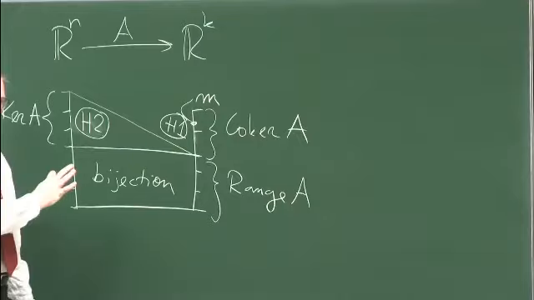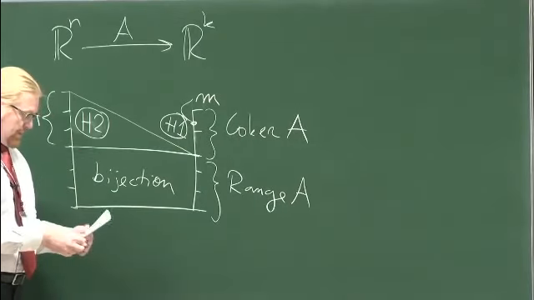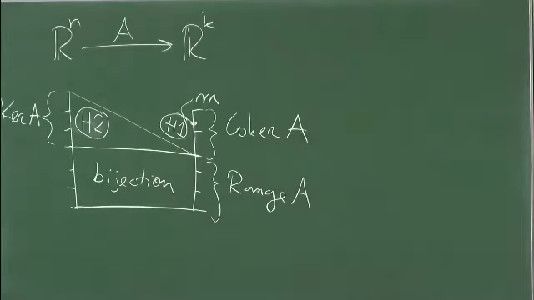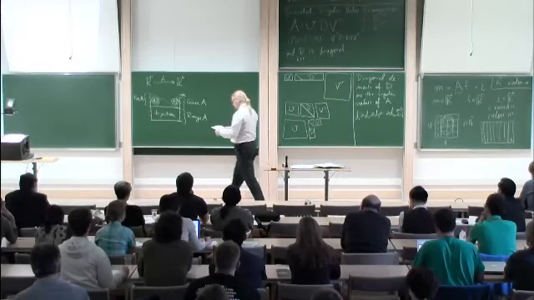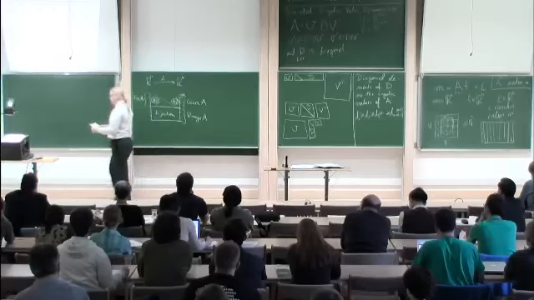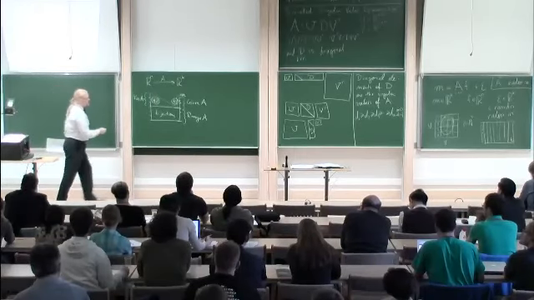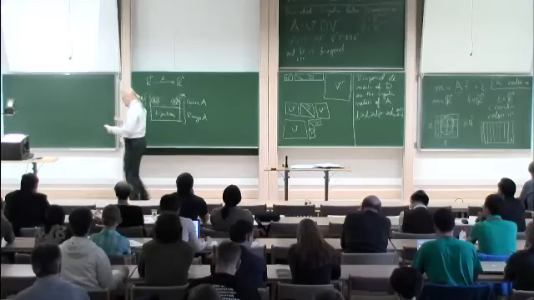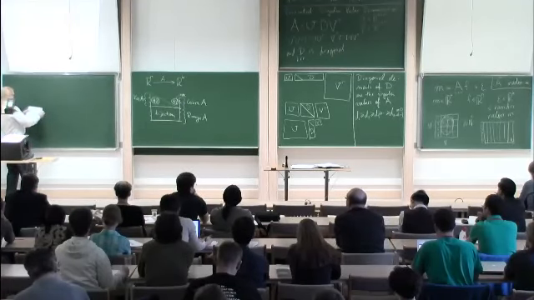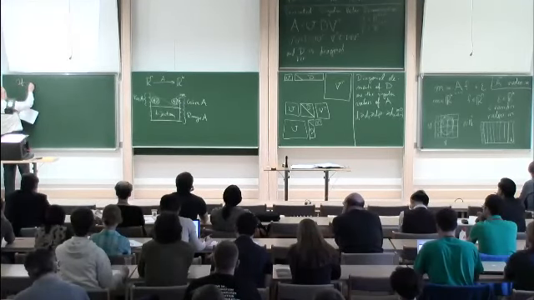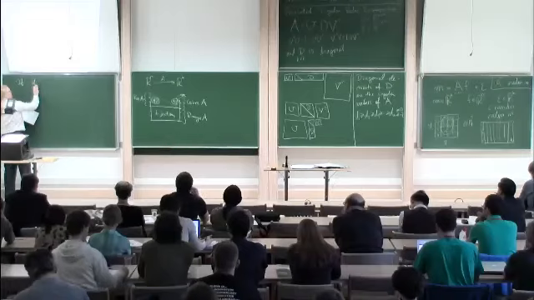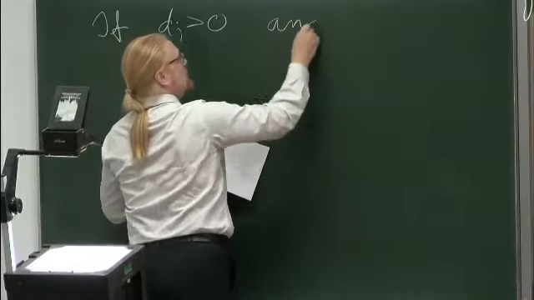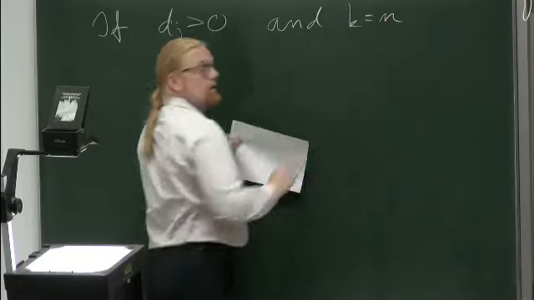Well, in this finite dimensional situation, we cannot really, strictly speaking, see it, because let's say we have this situation with the square matrix, just for the sake of the argument, and all of the singular values are positive and k equals n.